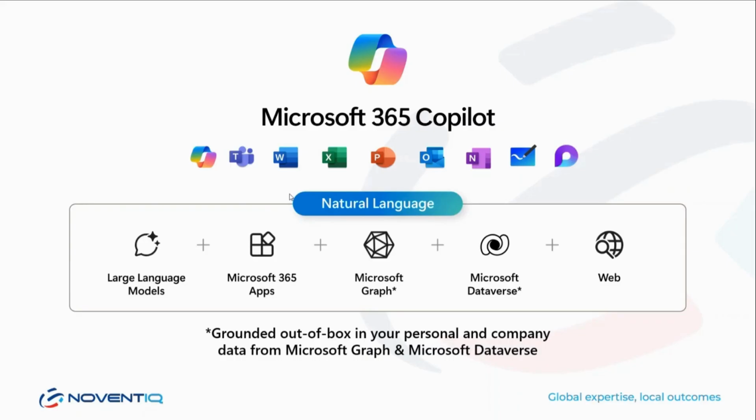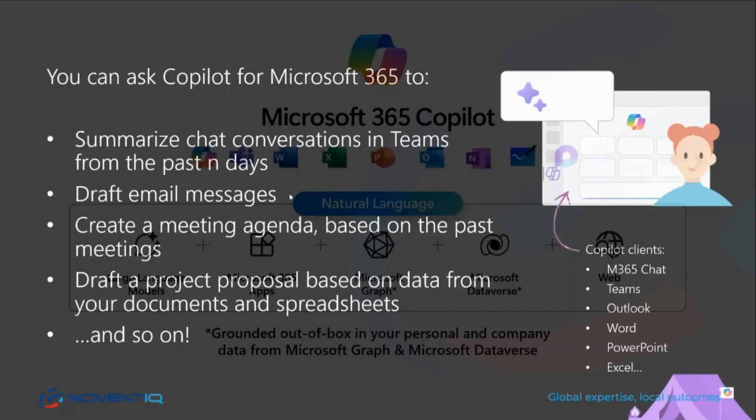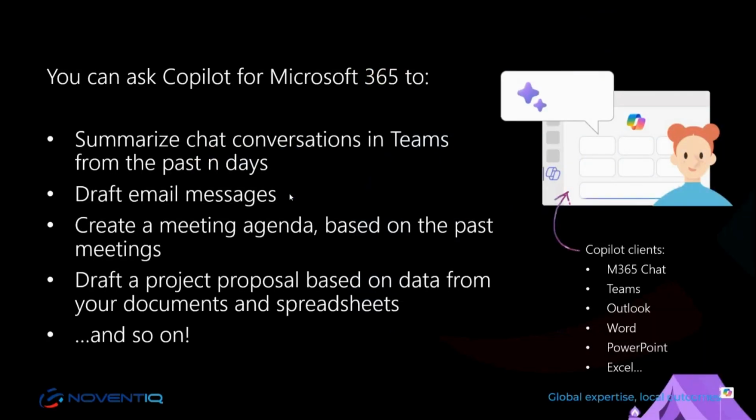But from a technical perspective, there can be much more that can be achieved with M365 Copilot and Copilot Studio. Right? Going ahead, these are some things that you might utilize M365 Copilot for: summarizing conversations in Teams, drafting email messages, creating meeting agendas, and so on and so forth.